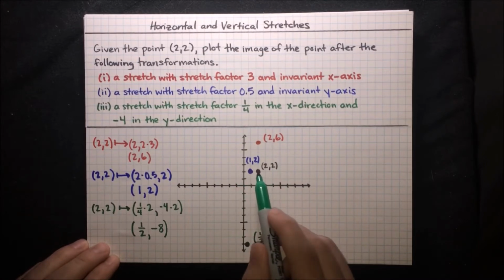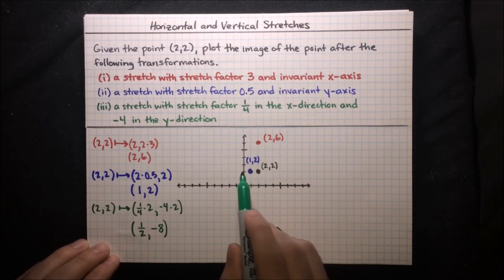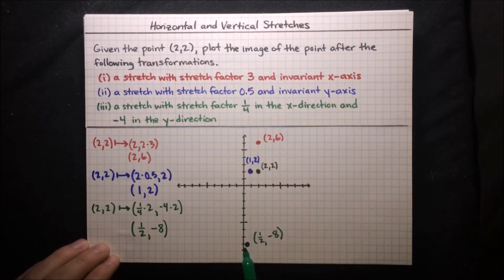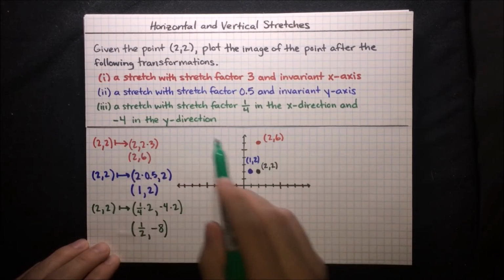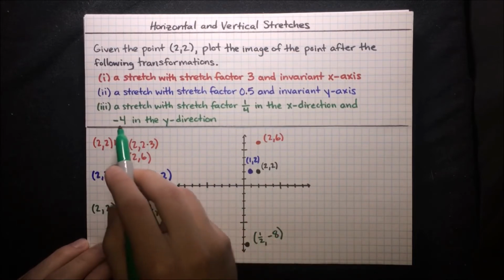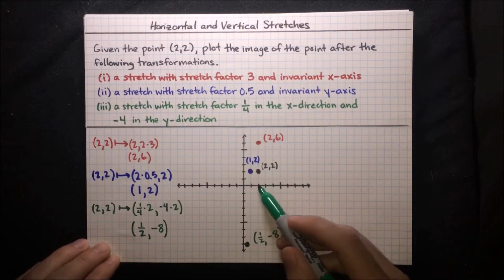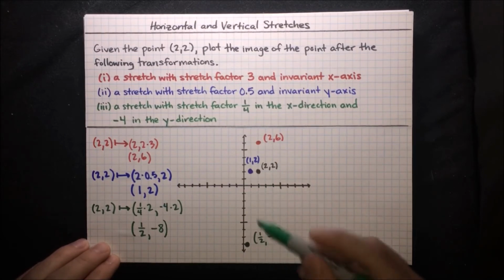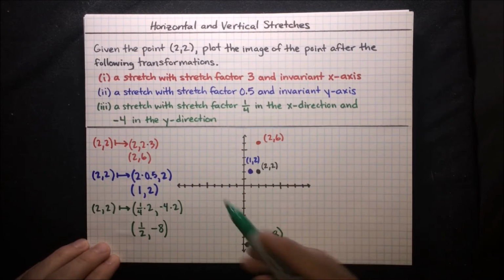It was initially 2, now it's moved closer to the y-axis to 1/2, which is 1/4 of the original distance of 2. And -4 in the y direction: the negative means it's flipping over the x-axis. So the -4 means that the distance in the y direction should be 4 times the original distance, but going the opposite way. Originally it was 2 up, now we're going 8 down. So yeah, that makes sense also.